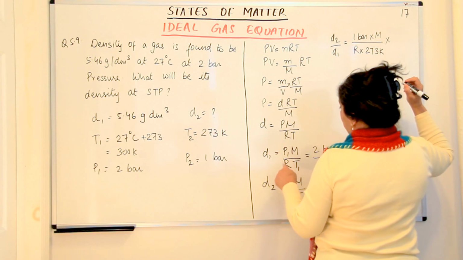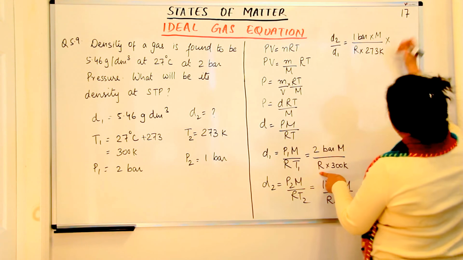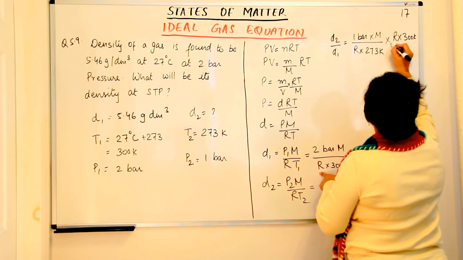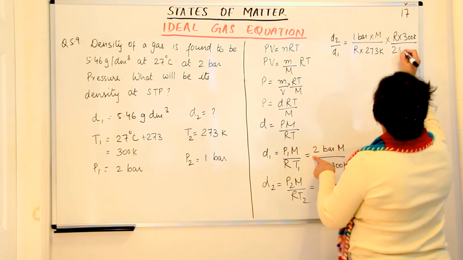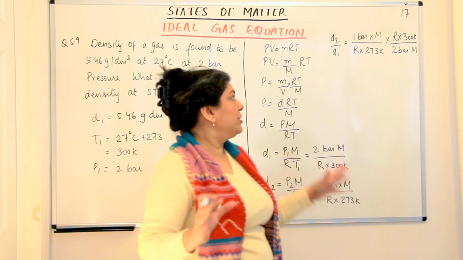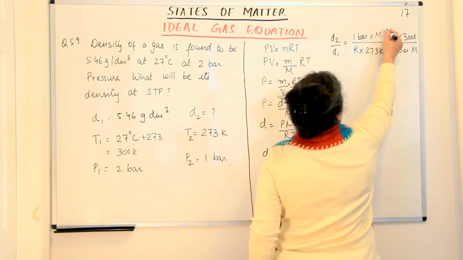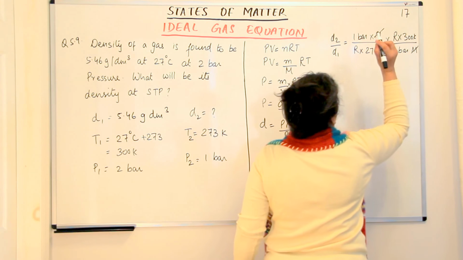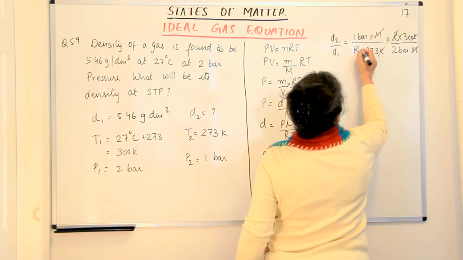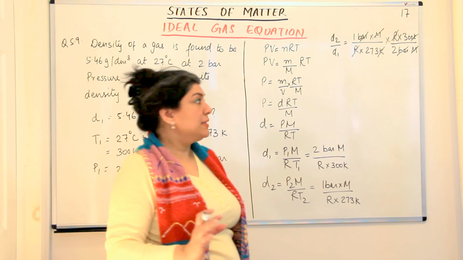So when you divide it by D1, D1 would be R into 300 Kelvin divided by 2 bar into M. Now see, what units and values would you be able to cancel out? M and M go, Kelvin and Kelvin are gone, R and R are gone, bar and bar is gone, right?